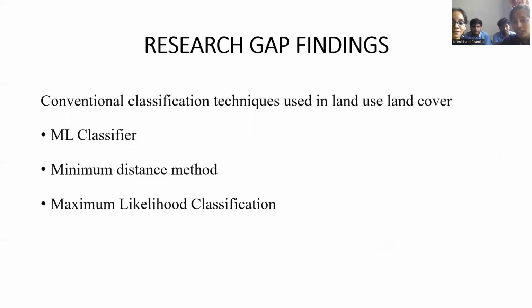water. And some research gaps we have found in the previous remote sensing techniques for land use land cover analysis is that most of these techniques used the ML classifier, minimum distance method and maximum likelihood method, which have some disadvantages.